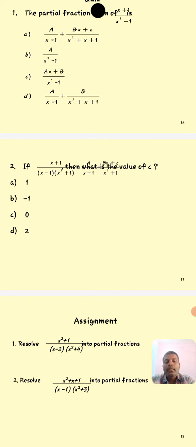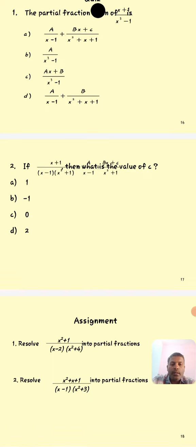One is a linear factor, one is an irreducible quadratic factor. Then how to write in partial fraction format? We know that a by x minus 2 plus bx plus c divided by x square plus 4.